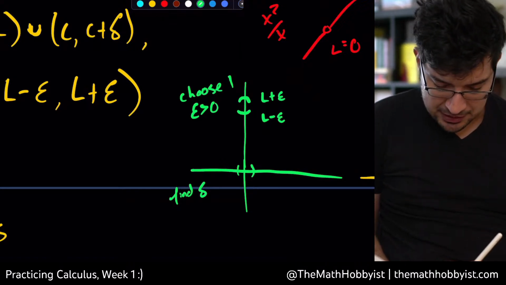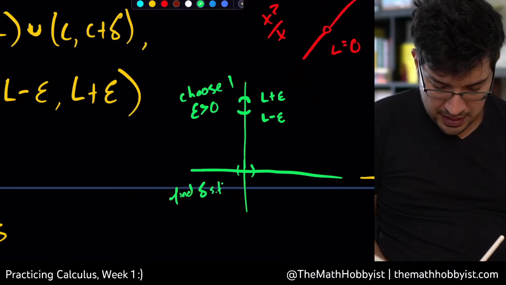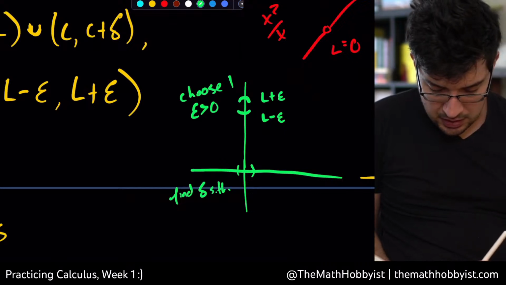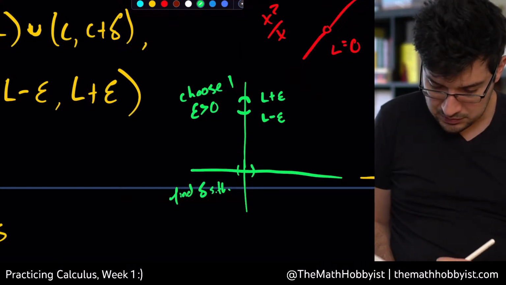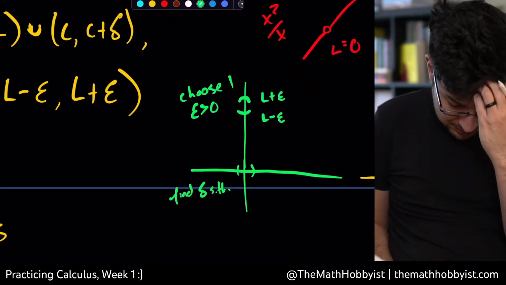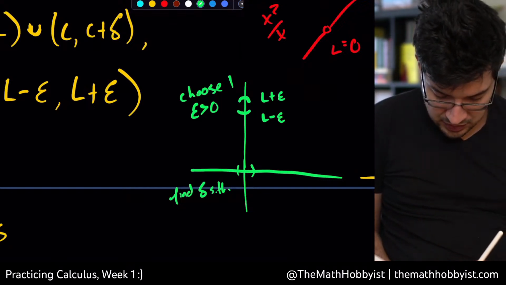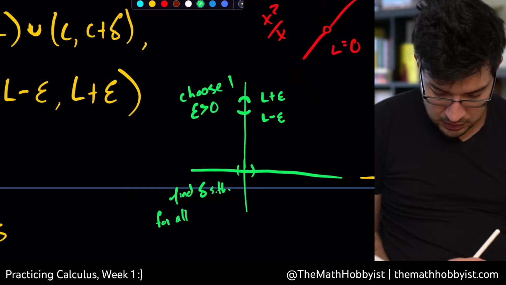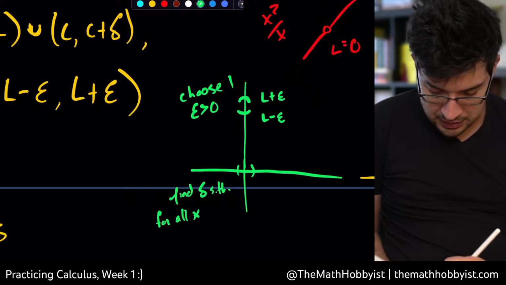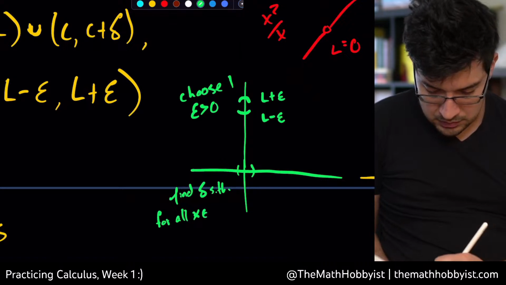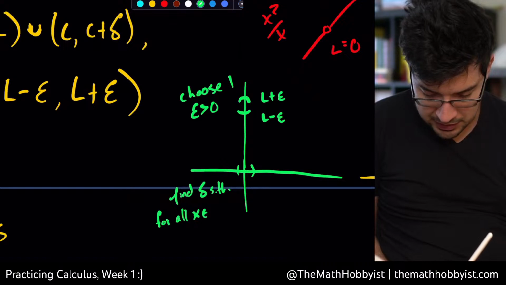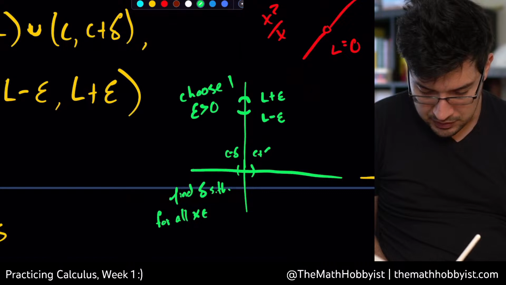You do a gerrymandering such that everyone within that neighborhood votes within that range. Such that for all neighbors in X, here we have C minus delta and C plus delta.